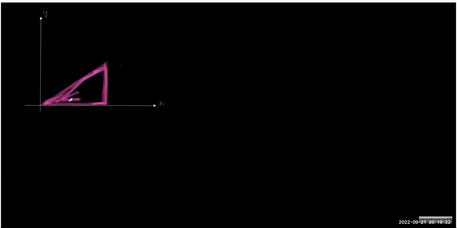So tell me guys, what is this area? Half into base into height, right? This is what you say. Yes, sir. So base into height is basically what? The full rectangle, right? And then you make it half to make it a triangle area. So again, if I call this delta x and this delta y, the height, tell me guys, what is the area?